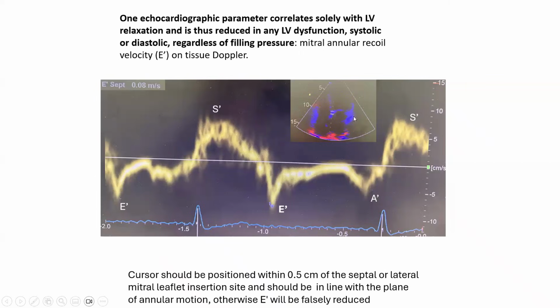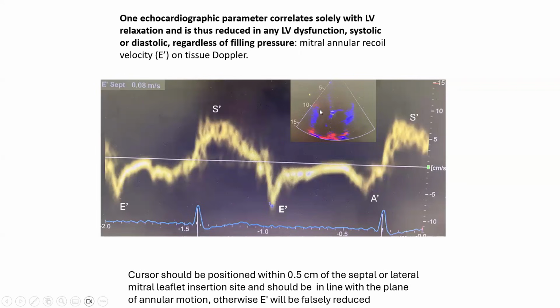This is because the medial annulus is anchored to the fibrous cytoskeleton of the heart. It's the same fibrous cytoskeleton that connects the posterior aspect of the aortic valve, the anterior mitral annulus, and the tricuspid valve. Part of that fibrous cytoskeleton is what we call the mitro-aortic intervalvular fibrosa.